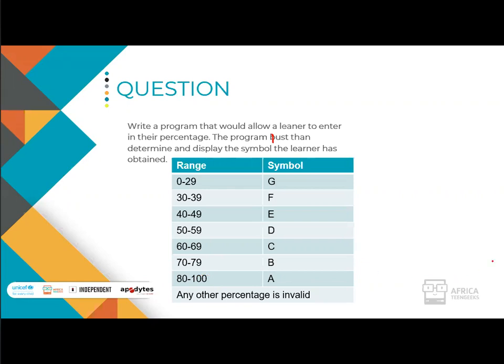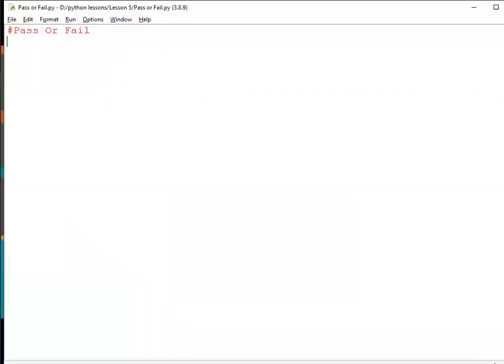So we can quickly open a program, pass and fail. We're going to code for that. So we'd have to have an input, and the input is symbol.